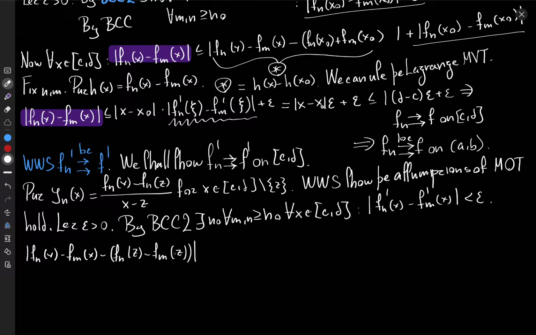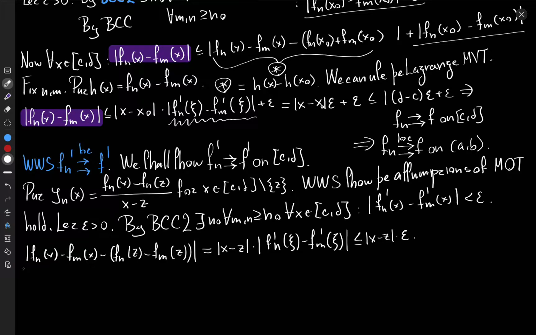And again, using the Lagrange mean value theorem, we find that this is actually equal to the difference of the arguments times the difference f_n'(xi) minus f_m'(xi), or in other words, the derivative of some function h at xi, right? But we have an estimate for this, the result for all x in the interval, in particular for xi from this interval. So by this estimate up here, we will get that this is smaller or equal to |x minus z| times epsilon. Nothing clever.